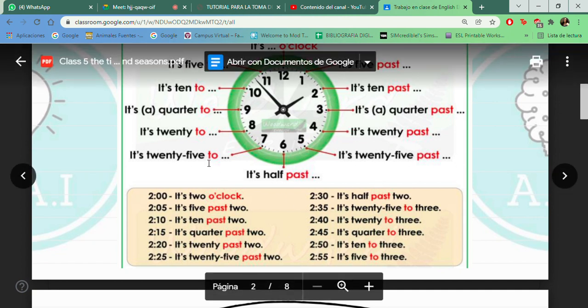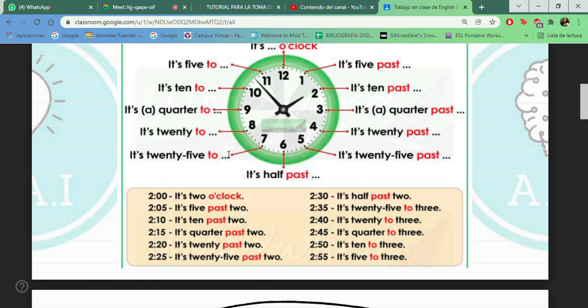So let's continue with now the next part of the clock, la siguiente parte del reloj, cuando estamos hablando menos minutos, right? Menos tantos minutos, right? For example, now it's 6:50, it will be 6:50.